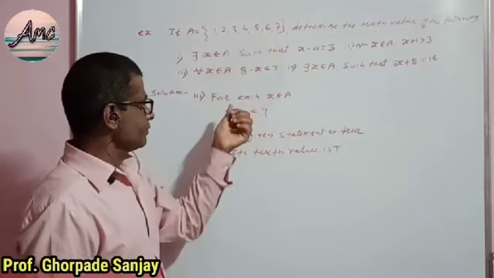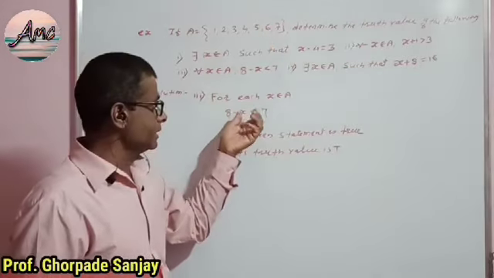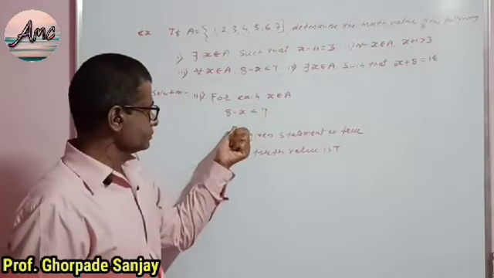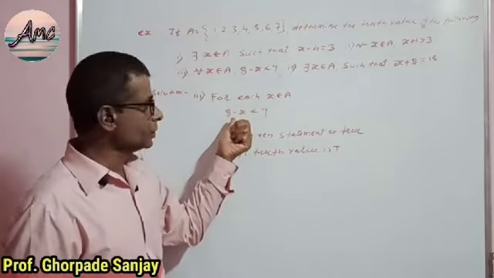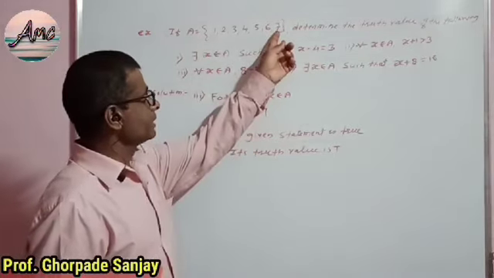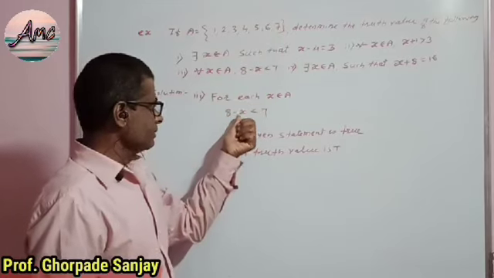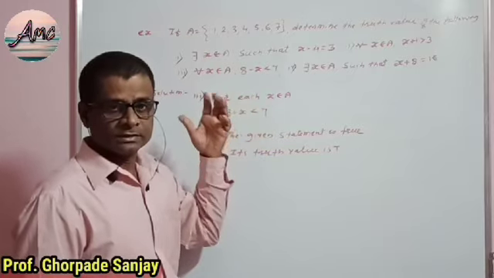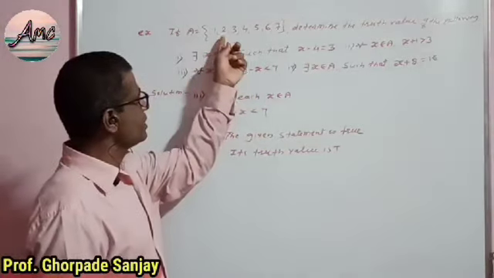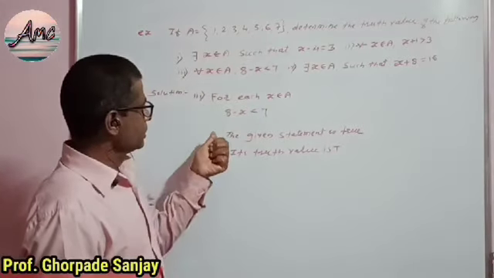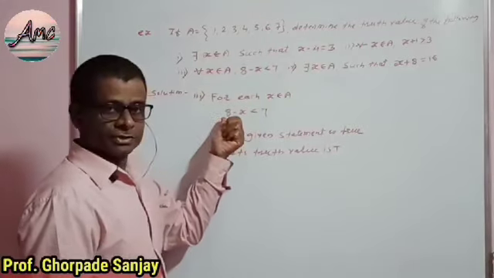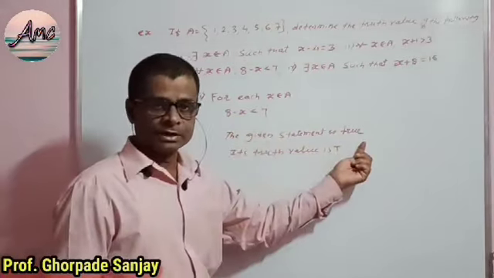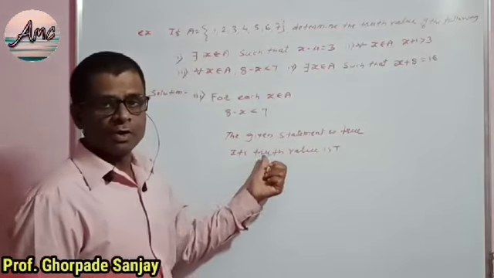If x equal to 5, 8 minus 5 is 3, less than 7. If x equal to 6, 8 minus 6 is 2, less than 7. If I take 7, 8 minus 7 is 1, definitely less than 7. That means for every value of x, it satisfies the condition 8 minus x less than 7. Therefore, the given statement is true. Its truth value is T.